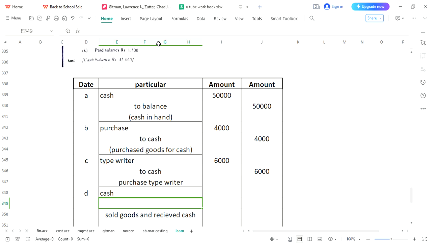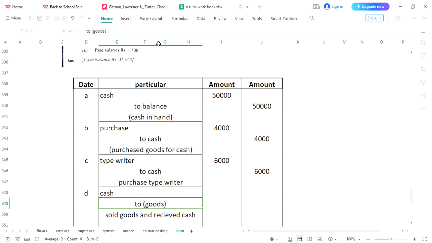When you sell your goods, goods will go out. Goods are your asset. Goods will decrease. Decrease in asset should be written on the credit side. So you were supposed to write goods over here. And as we understood in the previous entry, goods are not allowed to be written in accounting.